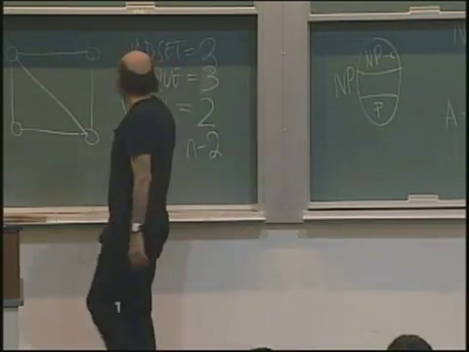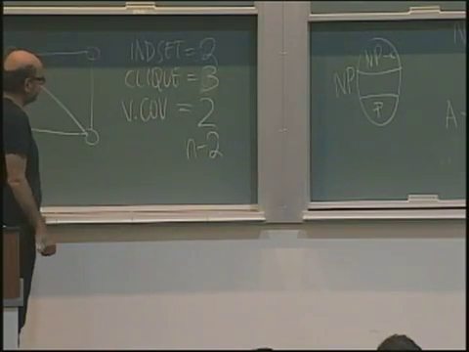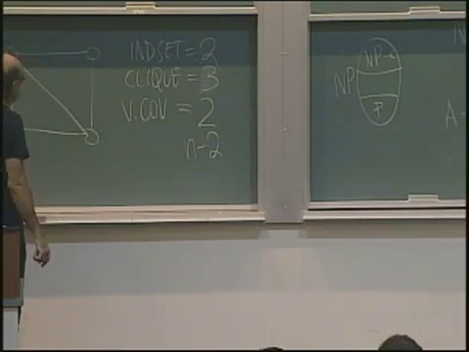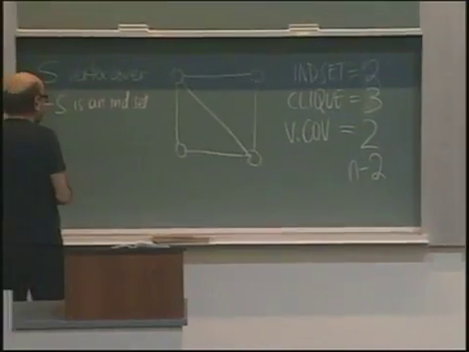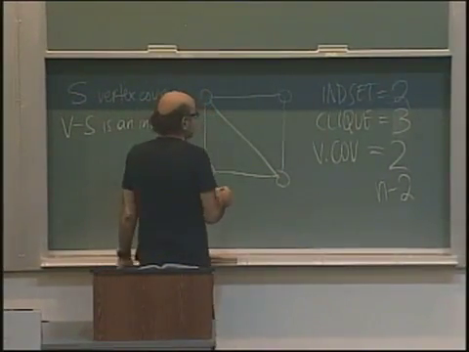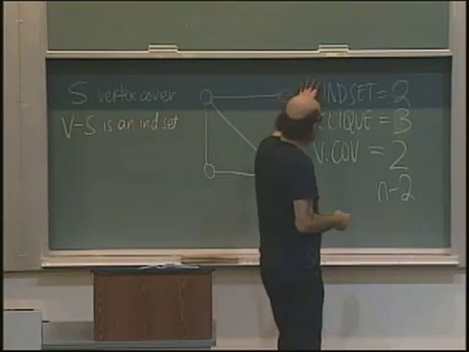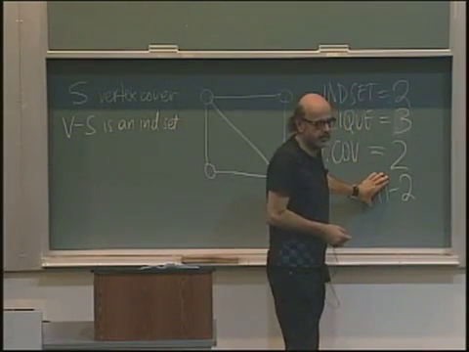Right. So here is what you do. To go from independent set to vertex cover, you subtract from n.